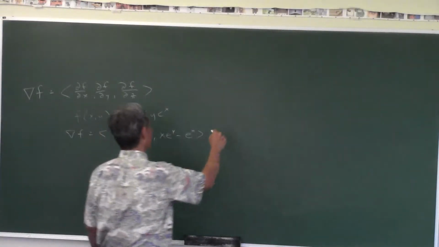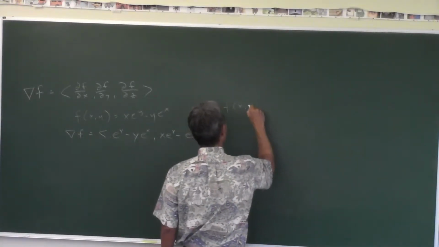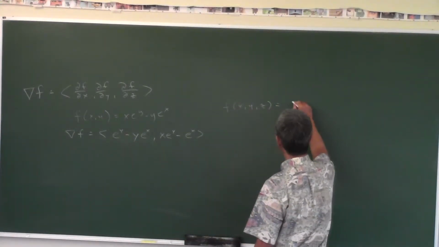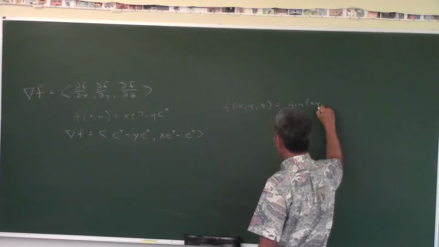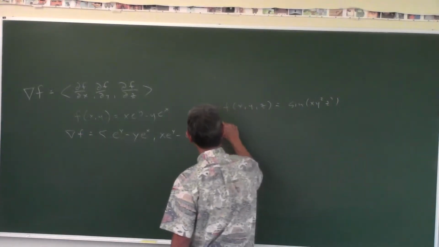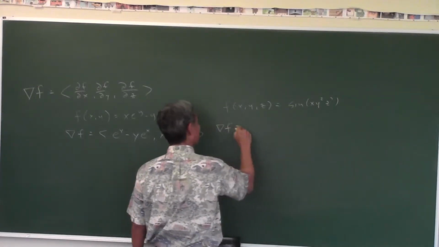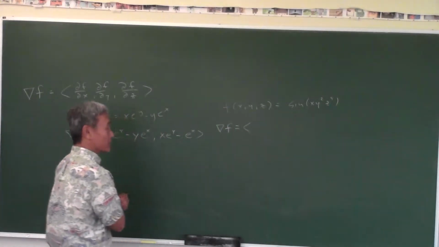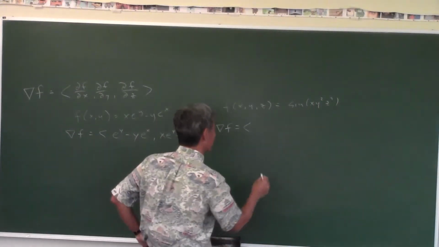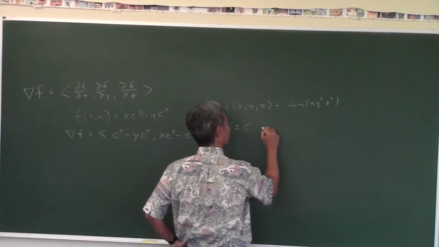Okay, second example. Now we have a function of 3 variables, like this, which is sine of x y squared z cubed. Compute the gradient. Okay, so partial with respect to x, the x component of the gradient. Cosine y squared z cubed.